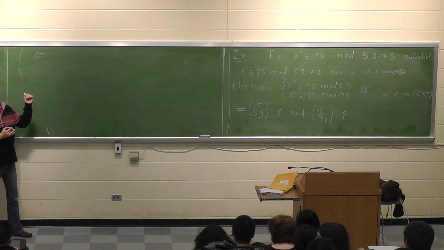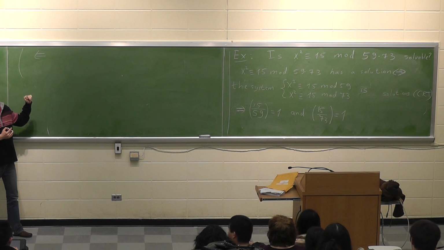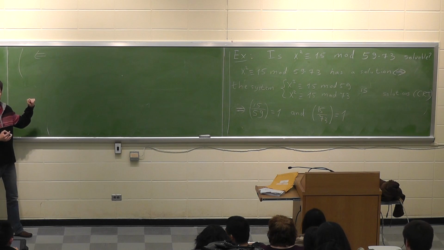Yes. Well, if you replace x squared with y, then it's obvious that if you have y congruent to 15 mod 59 and y congruent to 15 mod 73, the only solution is y congruent to 15 mod 59 times 73, right? So let's say you have two solutions, x1 and x2.